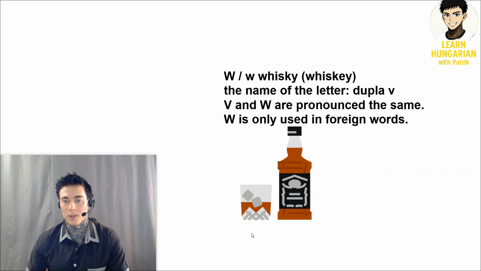The name of the letter W, but we pronounce it like this. V, whiskey. V and W are pronounced the same. W is only used in foreign words.